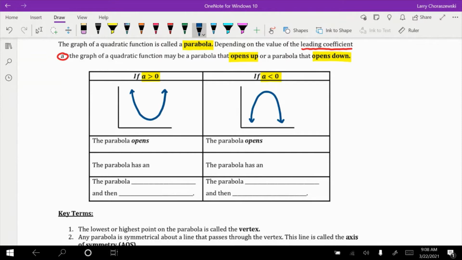So I'm going to pick on the parabola that opens up to help us fill out the rest of this table. In the next row it says the parabola opens, and we would consider this opening up. Another way of describing how this parabola opens is by saying that it's concave up.